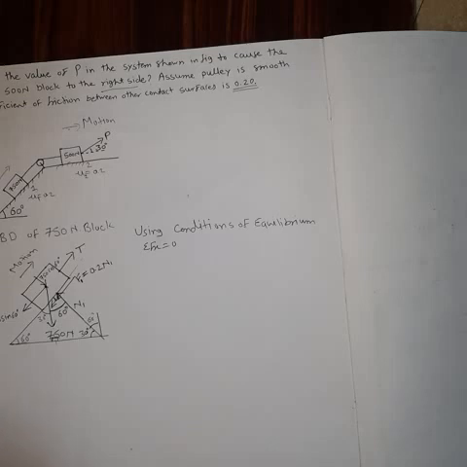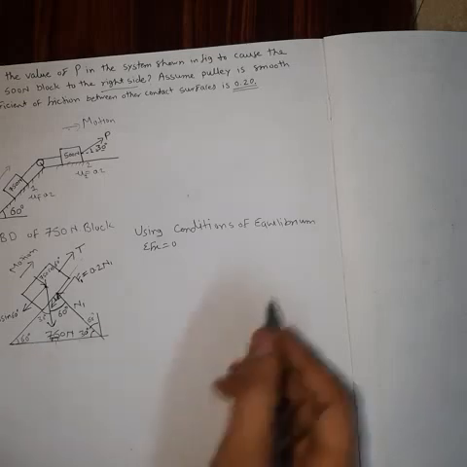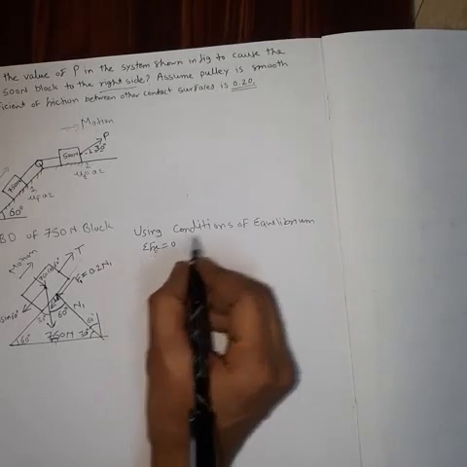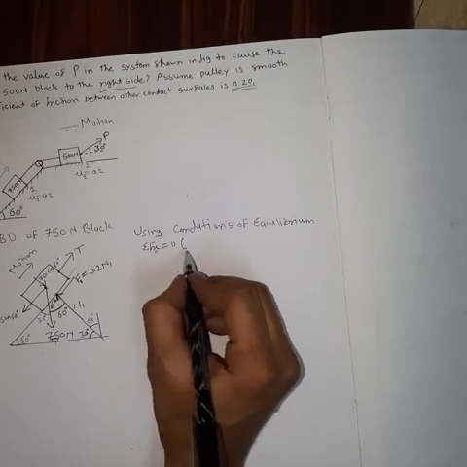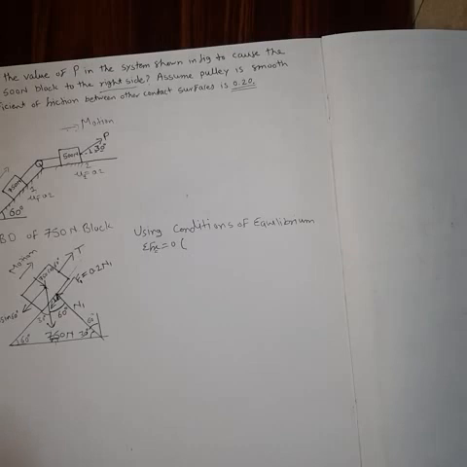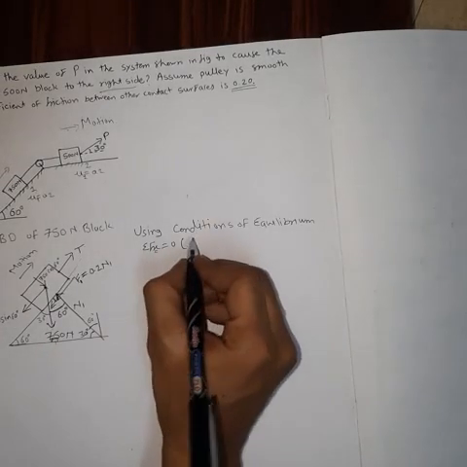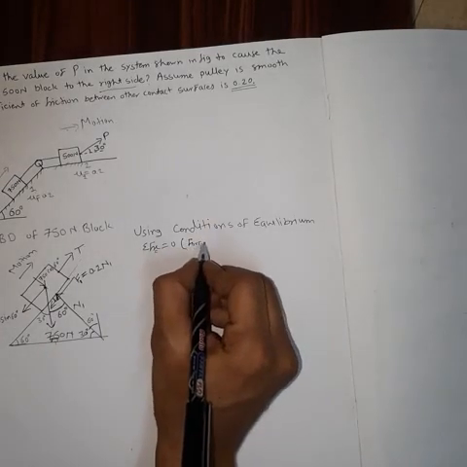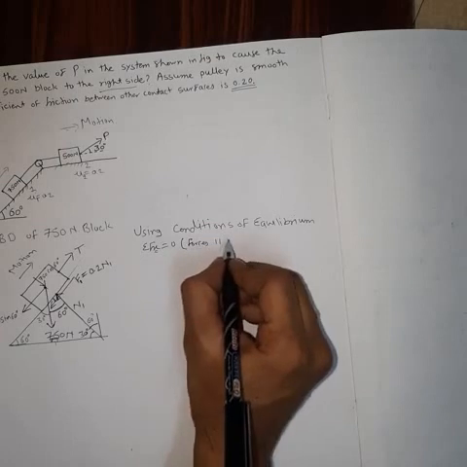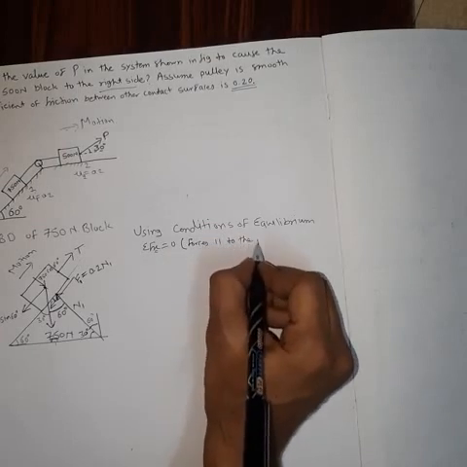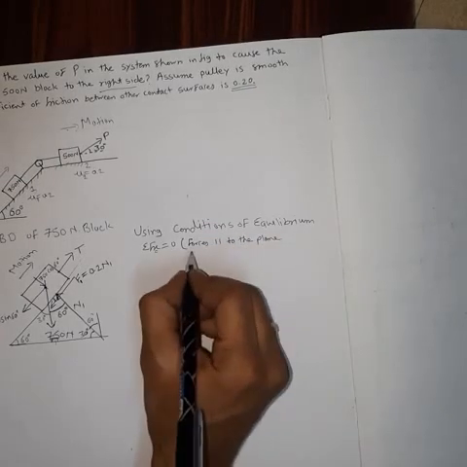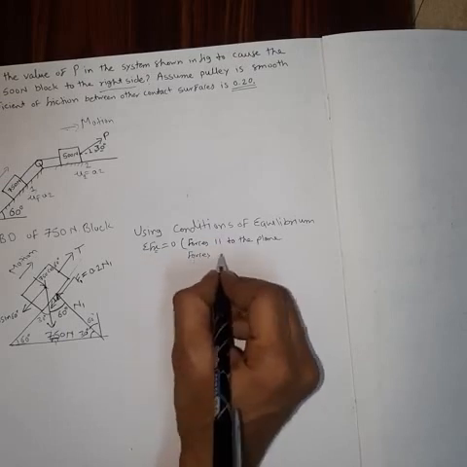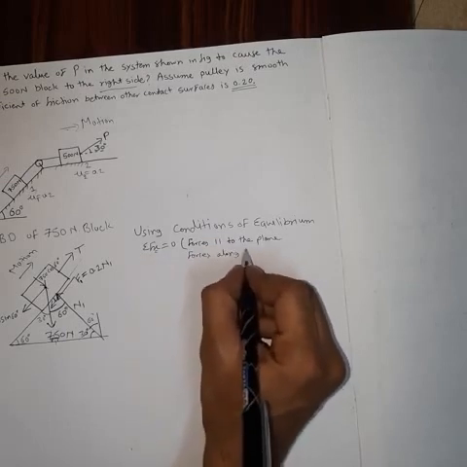So using this condition, summation Fx, so horizontal component of forces in the equilibrium unit, we have seen that x is for horizontal. Now here, horizontal means you can say forces parallel to the plane, or you can say forces along the plane.